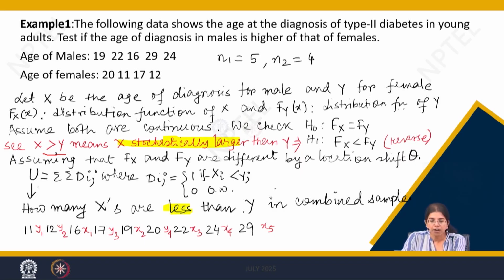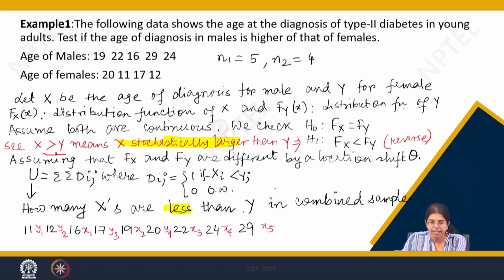Okay. Now you have to arrange all X and Y observations in their increasing order, and you will see that by the side of every observation I have written from which population it is coming.